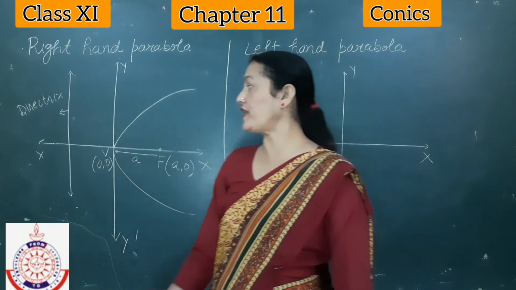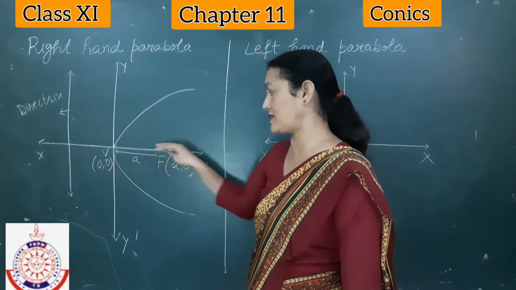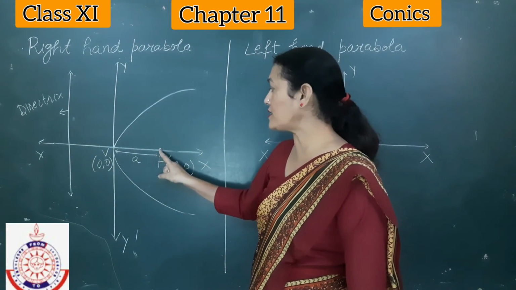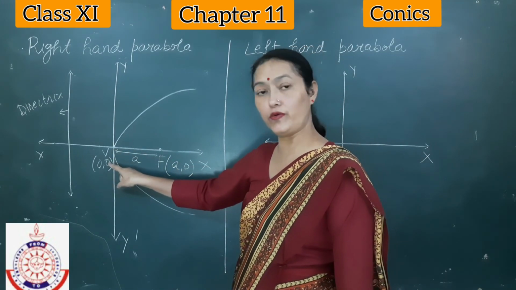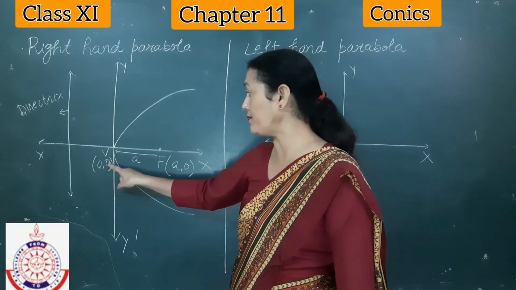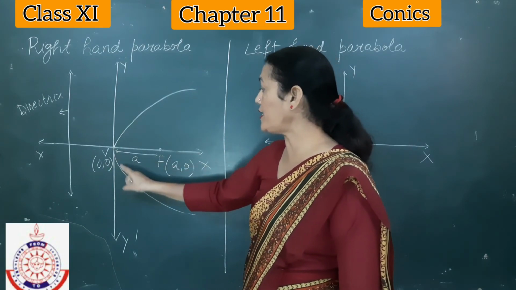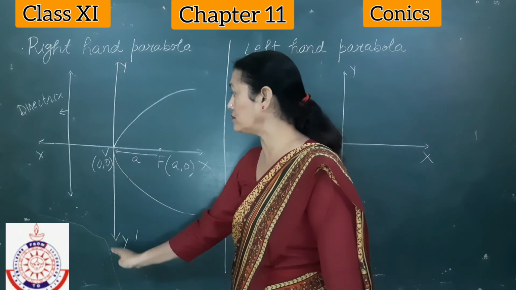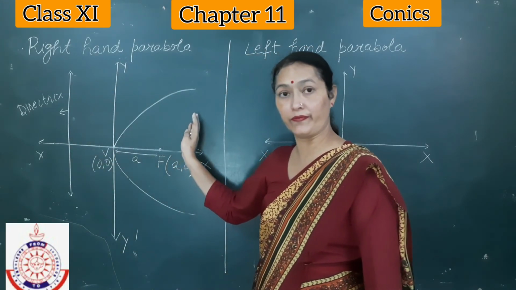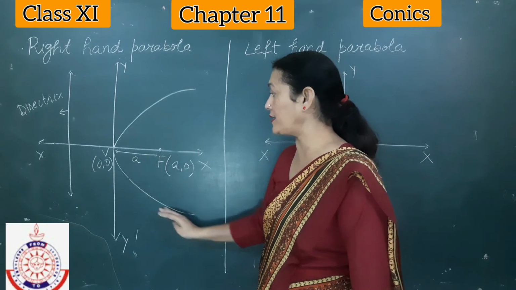First case: if we take our axis as the x-axis, the focus is at a distance of a units from the vertex point, that is the origin, and the parabola is formed on the right hand side.